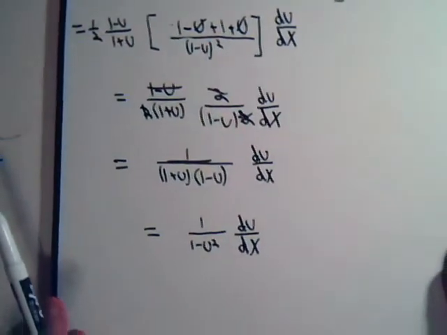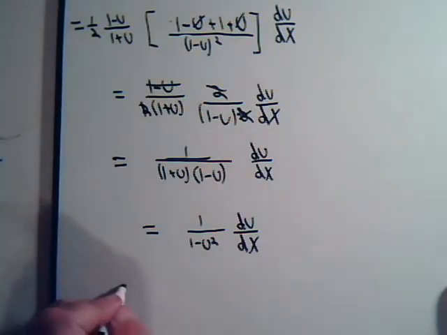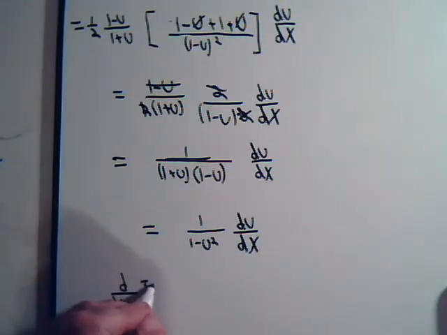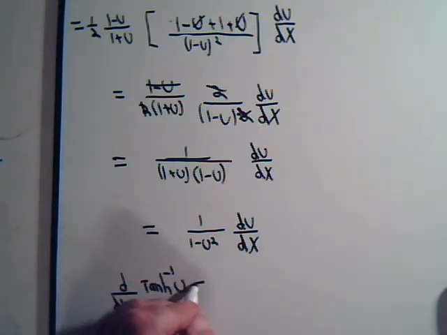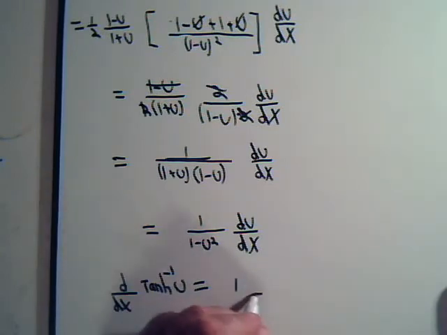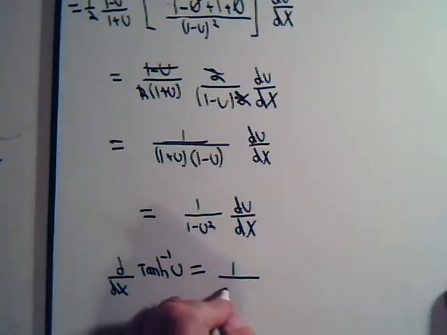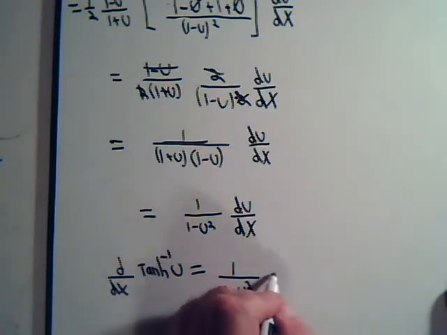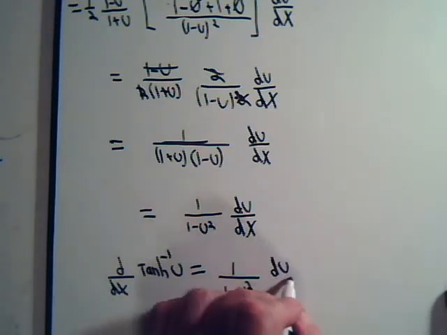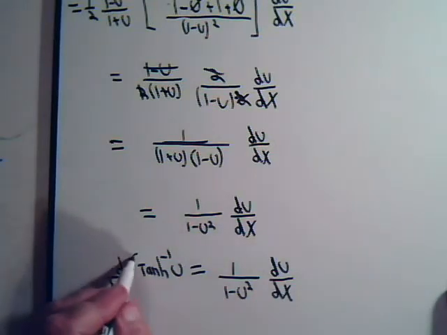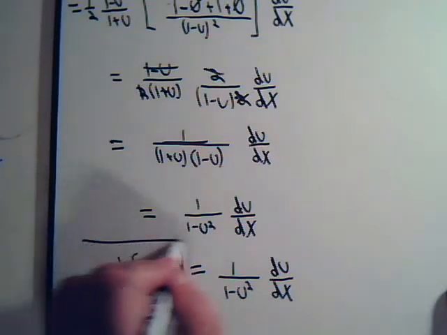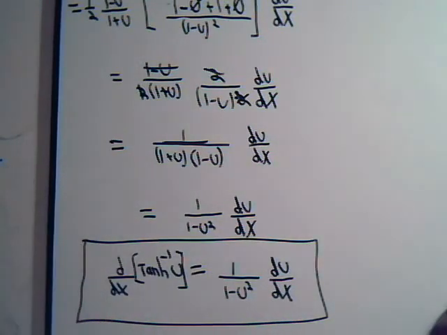So we will have then that d/dx of the inverse hyperbolic tangent of u equals 1 over (1 minus u squared) times du/dx. And so there it is. It's not too difficult to get.